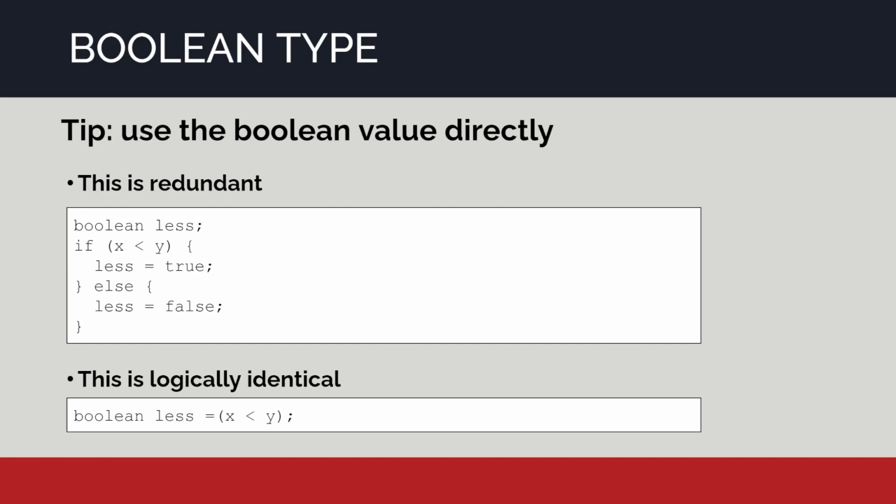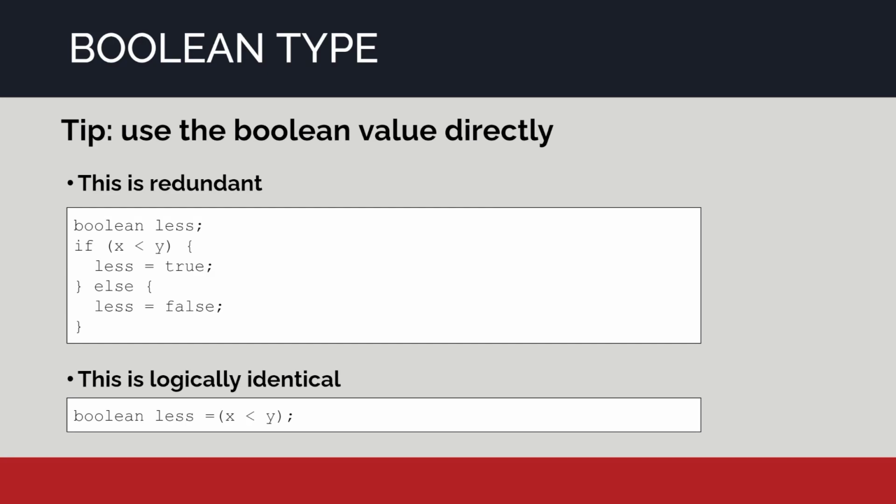Like if x is less than y, then we do set the Boolean to true, and if it's not, then we set it to false. That's perfectly correct. But there's no reason that the x less than y expression inside the if statement, that itself evaluates to a Boolean value that we test, and then we set the less variable to the same value.